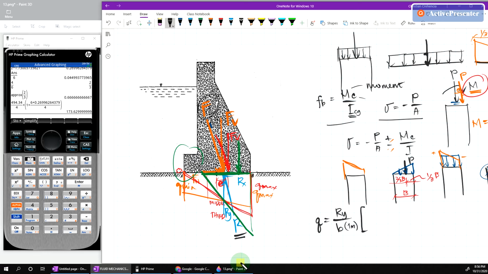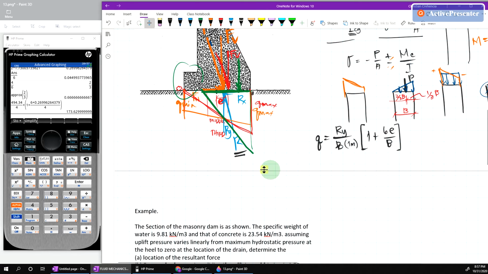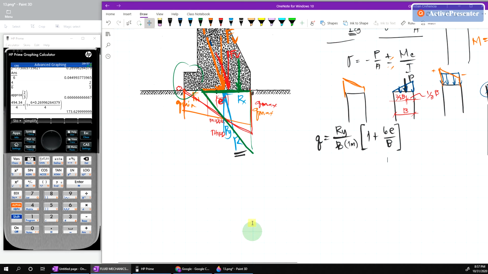Then this will be multiplied by 1 plus 6E over B. Okay, so meron tayong ganyang formula. So may isa pang formula, hindi ko masyadong kabisado pero pwede nating ma-derive yon. Okay, so let's try to derive yung formula na nakikita natin sa mga book.